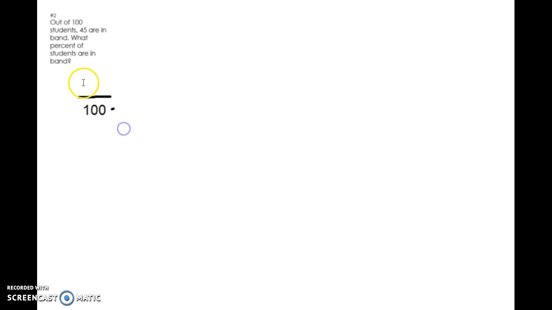And it said how many were in band? 45. And this question is very simple as long as you remember the rule. When we're talking about percents, we always know percents are out of 100. So it already has the fraction for us. 45 out of 100 will just equal 45%.